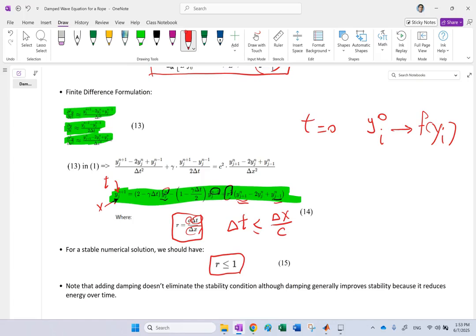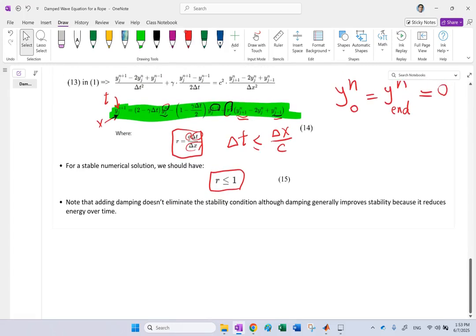Also, since y of 0 and y of L are 0, y of n at node 0 and y of n at the last node, let's say the end node, are always also 0 because these are the boundary conditions. And you keep updating, and you can solve that as I'm going to show you.